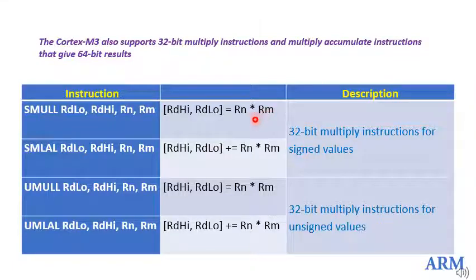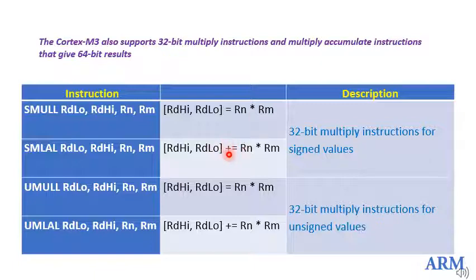The next instruction is the multiply and accumulate instruction. The mnemonic is SMLAL. The syntax is the same as the previous one: RdLo, RdHi, Rn, Rm. The only difference is that this is going to accumulate the previous product.